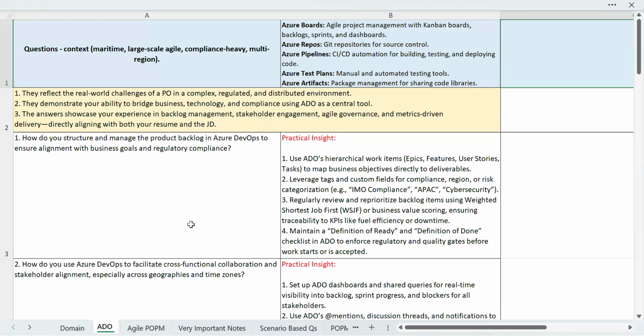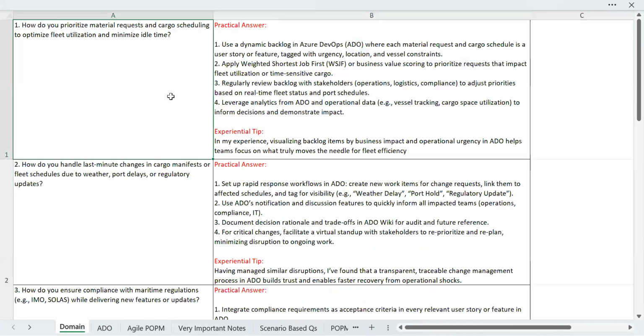And let us assume for now that the domain is a marine and shipment related client. Let's say you want to build an application to cater to the needs of tracking logistics, in terms of vessel tracking and marine operations, right? So if that is the domain, what kind of questions could come?